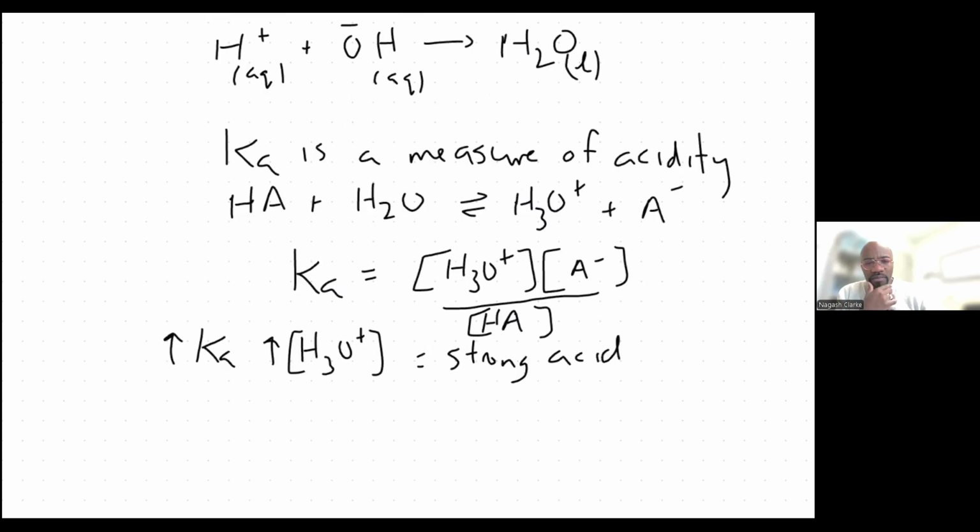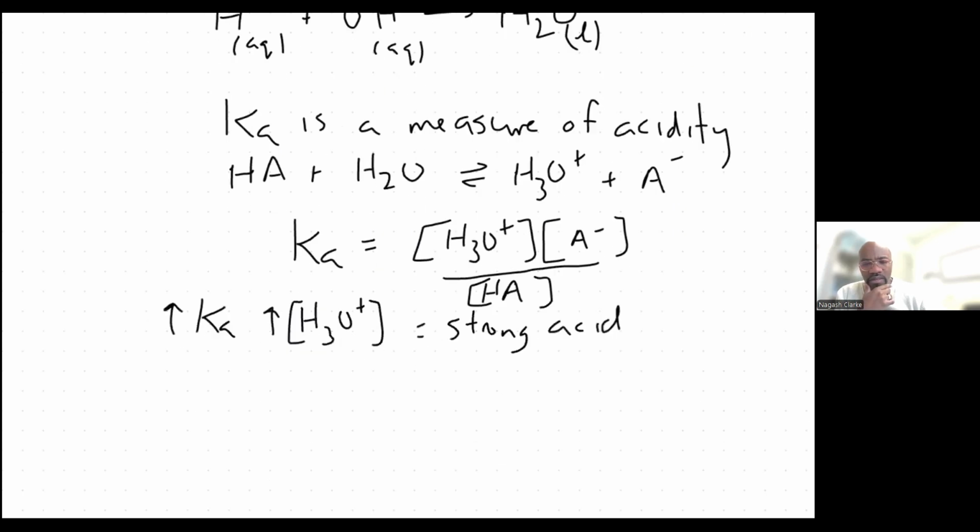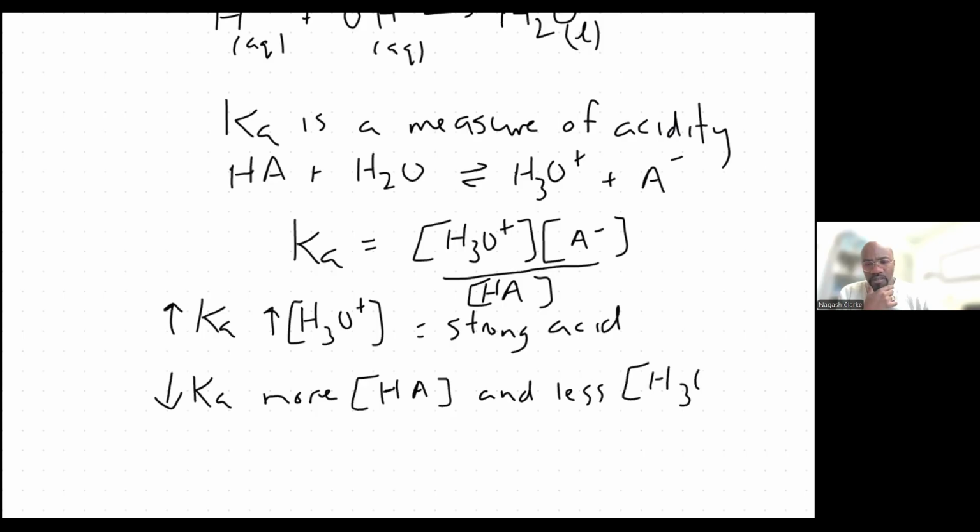For a weak acid, your Ka is going to decrease because you're going to have more of the parent acid and less of the hydronium. In other words, the denominator is going to be bigger with a weaker acid, and the numerator is going to be bigger with a stronger acid.